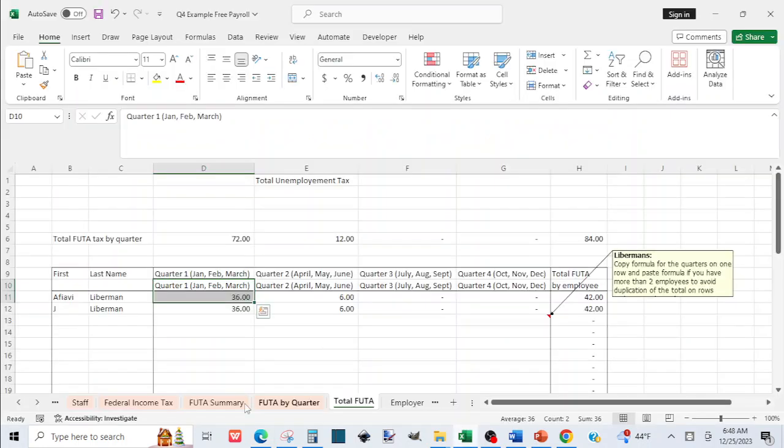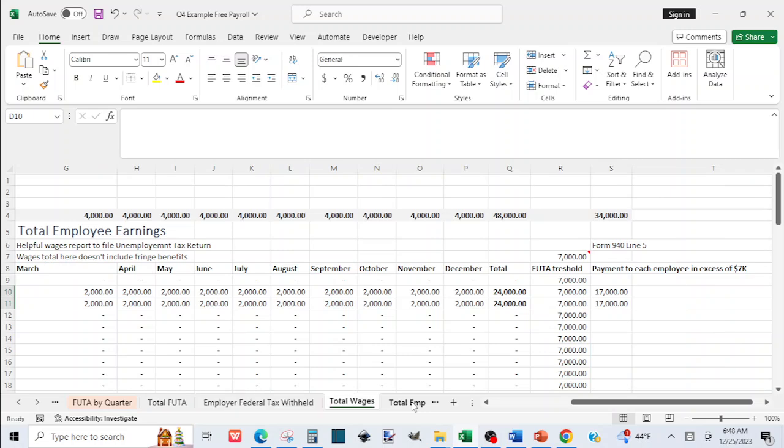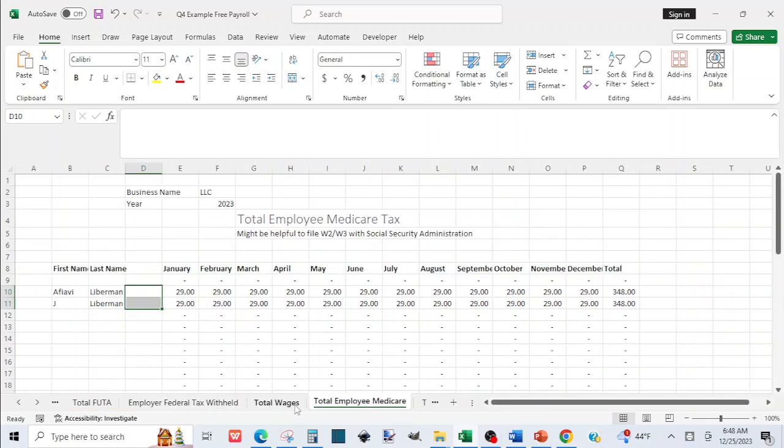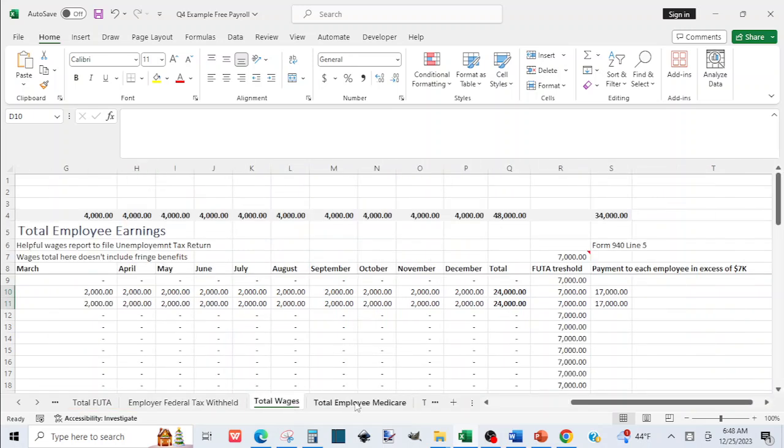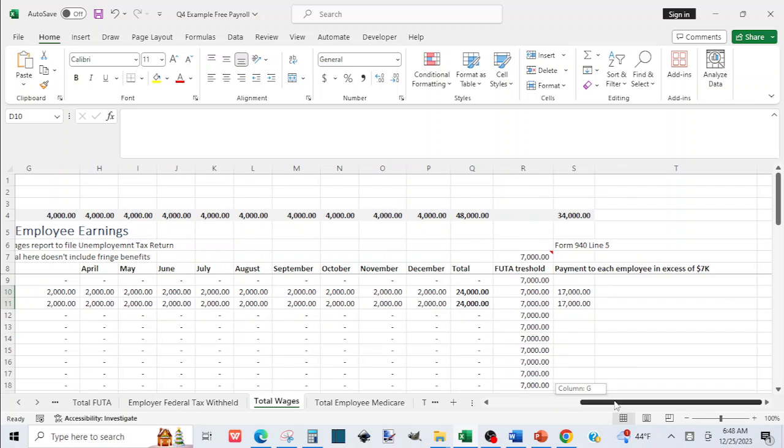And I believe we have the total wages here we could have used as well. In fact, this one could have helped as well to know payment in excess of 7,000. But yeah, the FUTA threshold.